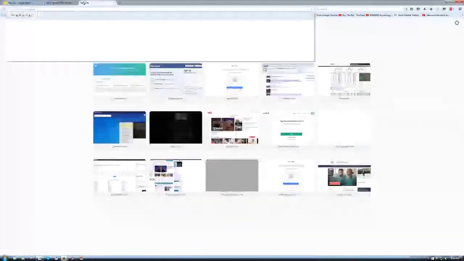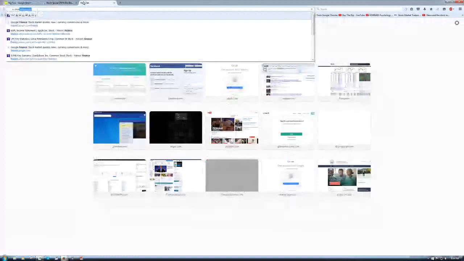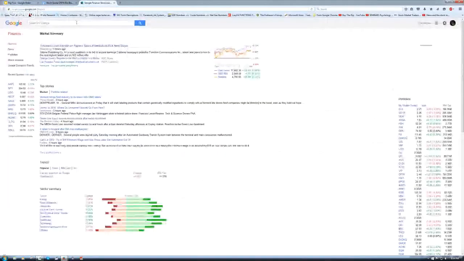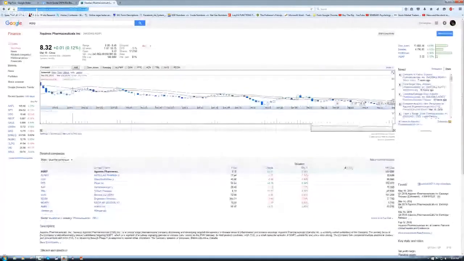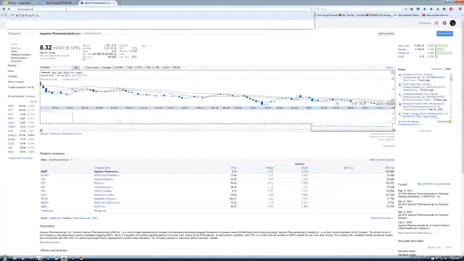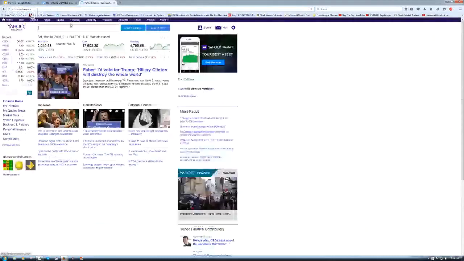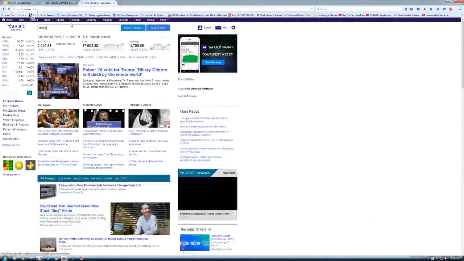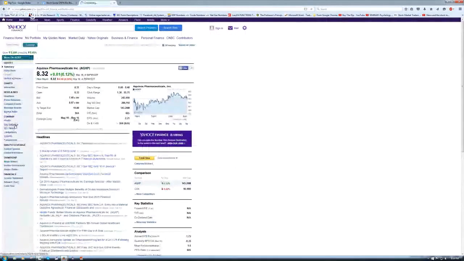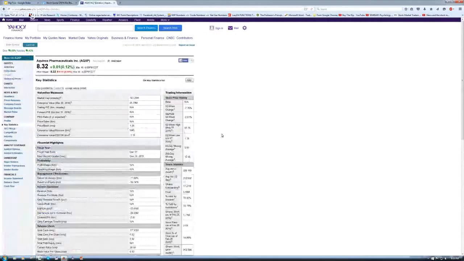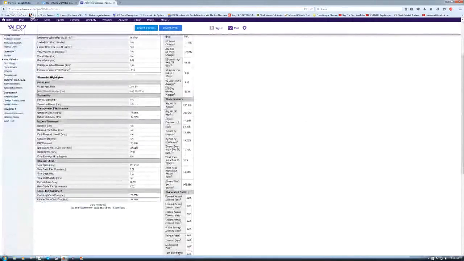You go to finance.yahoo.com and put in whatever ticker you're looking for, like AQXP, and it's going to be on the key statistics page. Key statistics over here on the left-hand side, and then here's your float. So this is showing only 5.08 million.